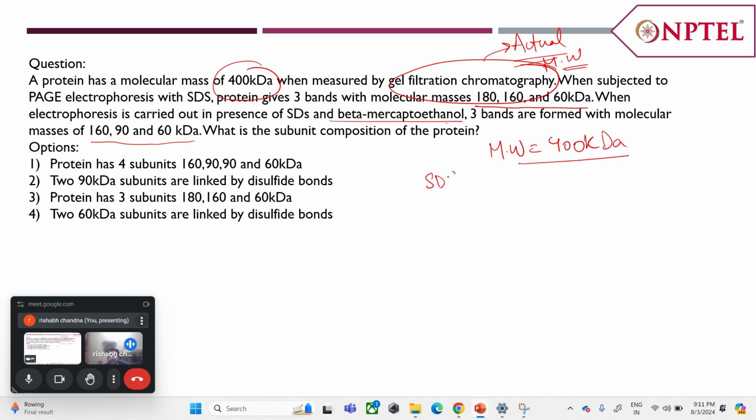When SDS was applied only, it forms three bands at 180, 160, and 60. And when SDS and beta mercaptoethanol are applied, it forms three bands again, 160, 90, and 60. What would be the subunit composition of the protein? Can anybody think logically?